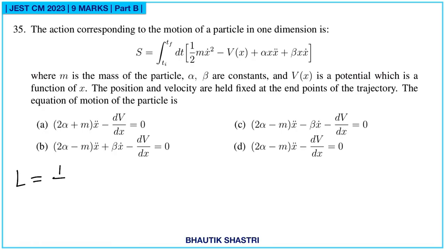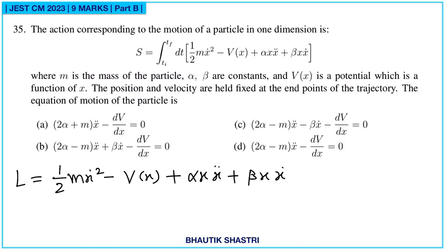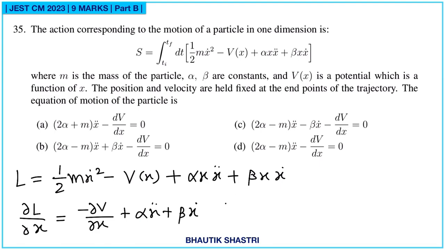L is half m x dot square minus V of x plus alpha x x double dot plus beta x x dot. From here we can calculate dou L by dou x, that will be equal to minus dou V by dou x plus alpha x double dot plus beta x dot.